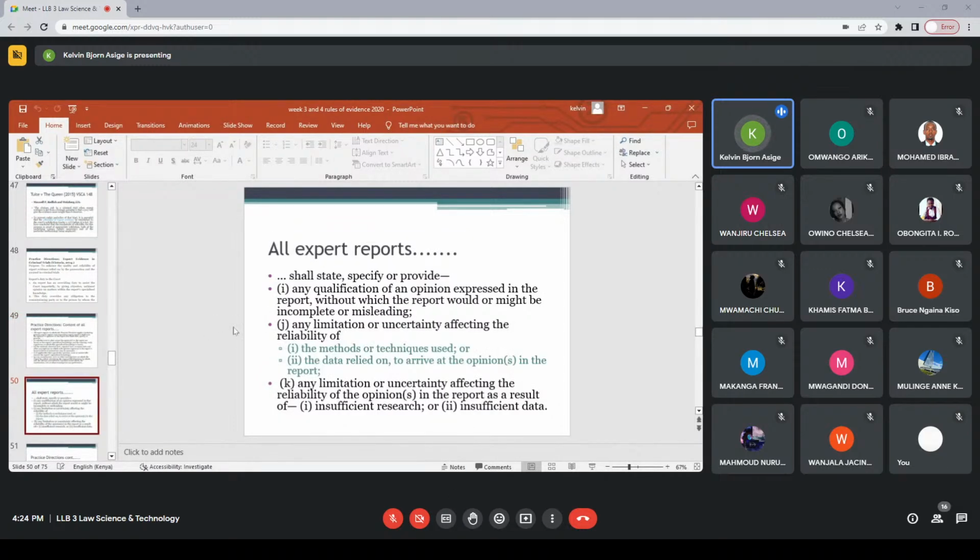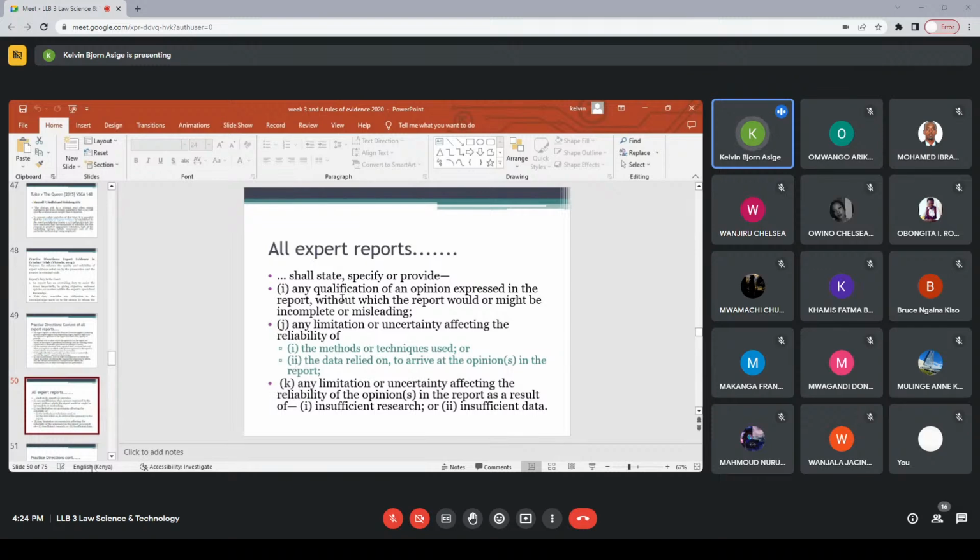It also goes further to say that all expert reports shall state, specify, or provide any qualification of an opinion expressed in the report, without which the report would or might be incomplete or misleading. It also says that any expert report must state any limitation or uncertainty affecting the reliability of the methods or techniques used or the data relied upon.